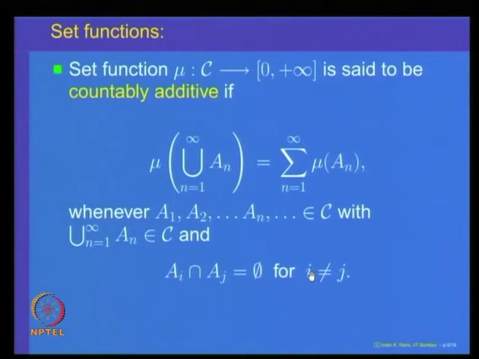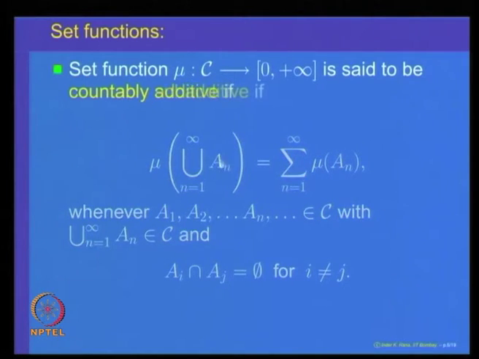So, countable additivity is a property about a sequence of sets in C which are pairwise disjoint and their union is an element in C. Then for any such sequence of pairwise disjoint sets, mu of the union must be equal to the summation of mu of A n, n equal to 1 to infinity.